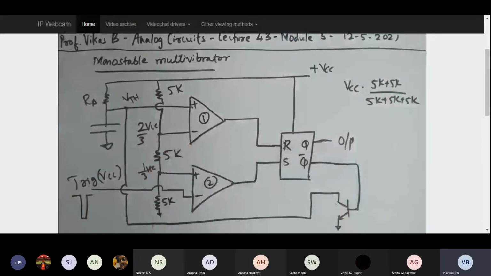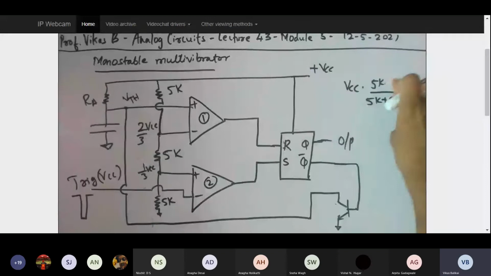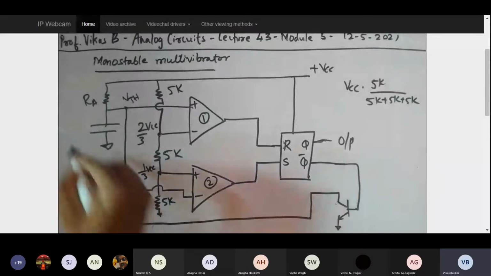Similarly, at this particular point, I am considering only this voltage because it is connected to ground. So it will be only 5K divided by the combination of all the resistances, which gives a value of 1 upon 3 VCC. Okay, now this is my capacitor.